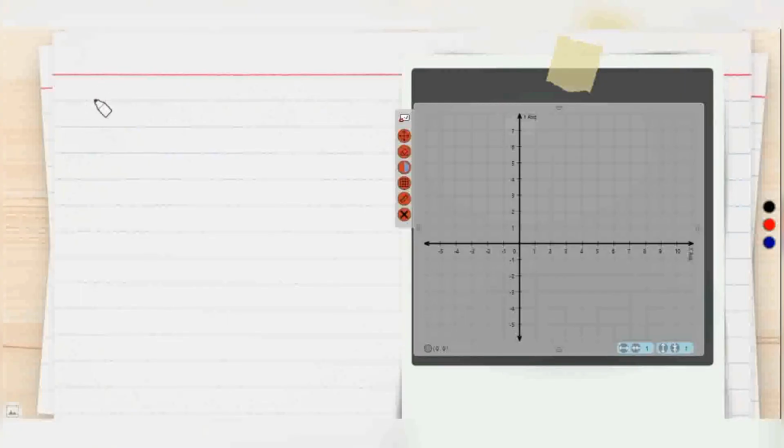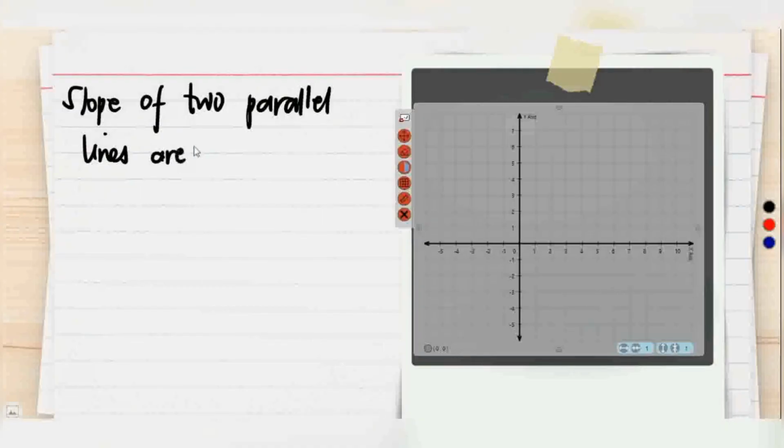So, lastly, the slope of two parallel lines are equal. So, meron tayong two parallel lines. So, yung slope nila are equal. So, yung sa example natin kanina, yung line which is passing through negative 5 and 3, and 10 and 7.